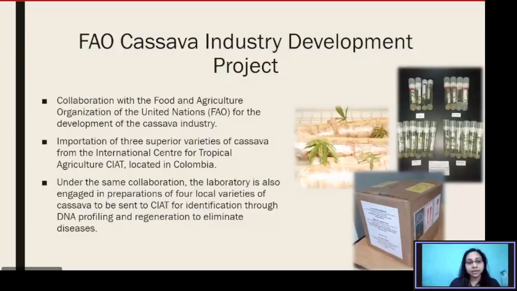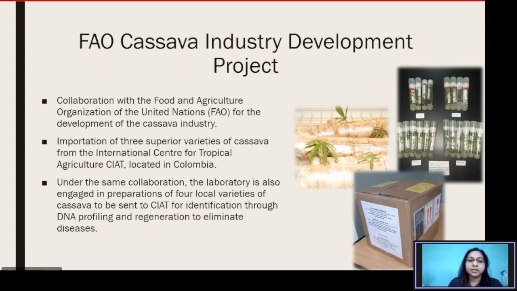Just a special mention about the cassava industry development project that I was involved in, I am involved in fact. This was a collaboration with the Food and Agriculture Organization of the United Nations for the development of the cassava industry.